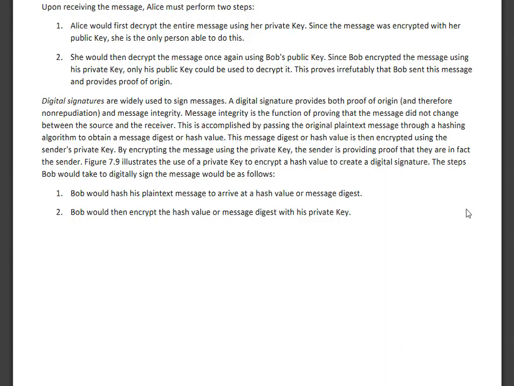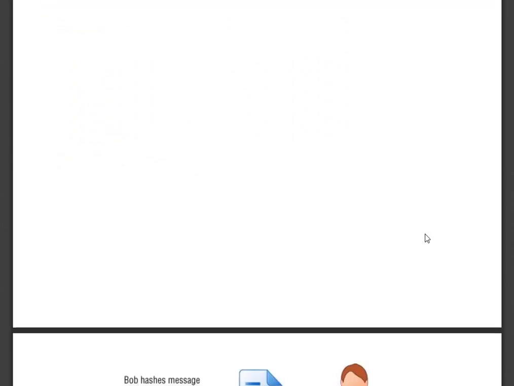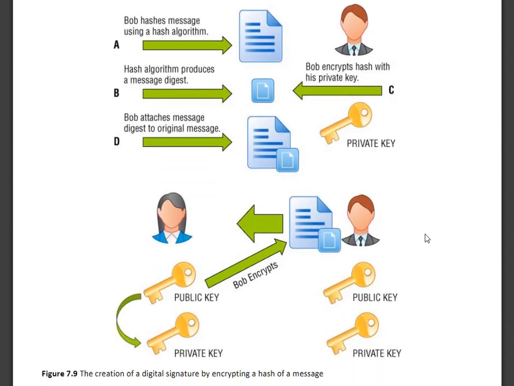Let's take a look at the steps that Bob would use to digitally sign the message. First, he would hash the plain text message to come up with a hash value or the message digest. He then encrypts that hash value or message digest with his private key, and here's an illustration of it. So the first step is hashing the message using an algorithm. The hash algorithm produces the message digest.